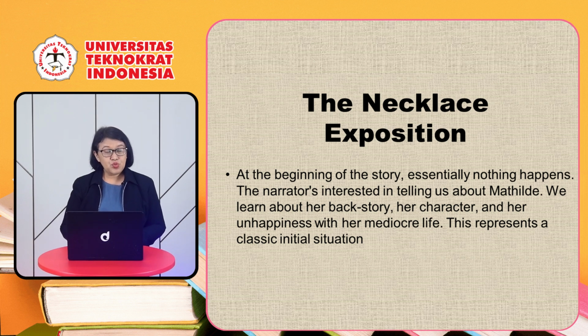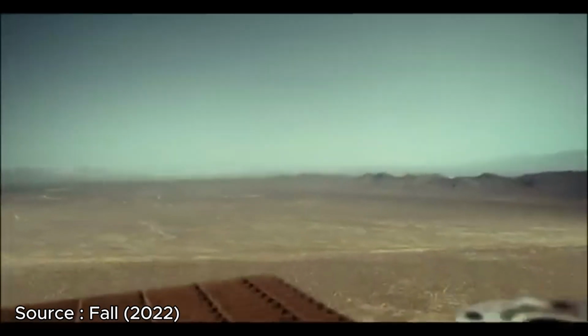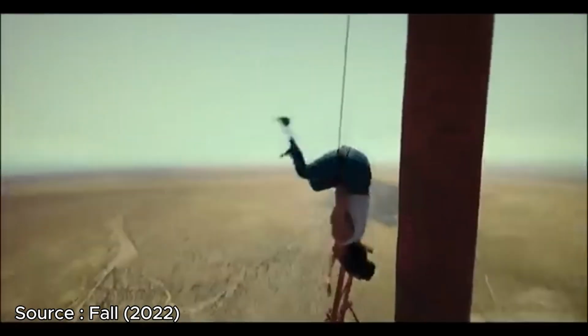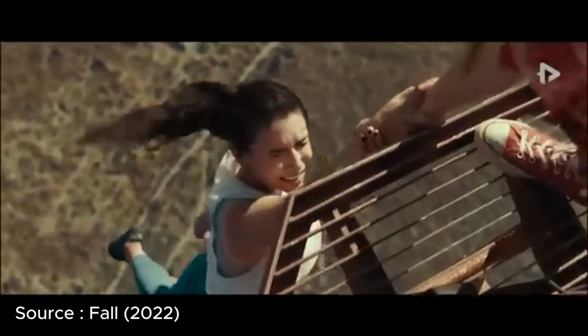After the exposition, we will see rising action. In the story, this is when the story starts to gain momentum and the stakes become higher. This is the section where the central conflict introduced in the exposition begins to unfold, and the main characters face challenges, obstacles, and dilemmas that push the story forward.